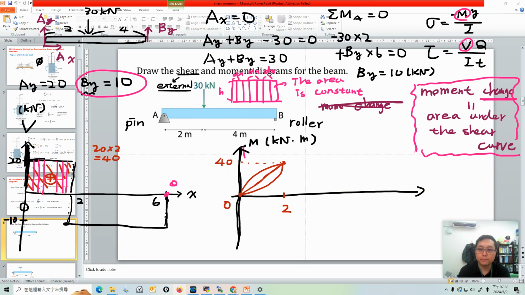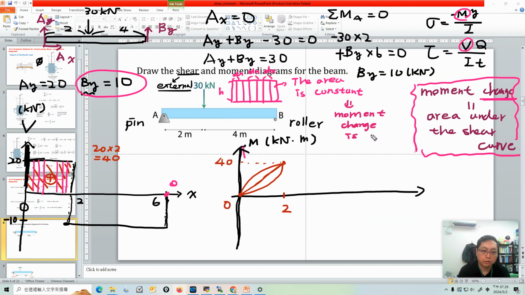So here is the logic, and you really need to know the logic here. We have the same slice area, meaning the same tiny area, so the tiny area is constant. That means the moment change is constant.